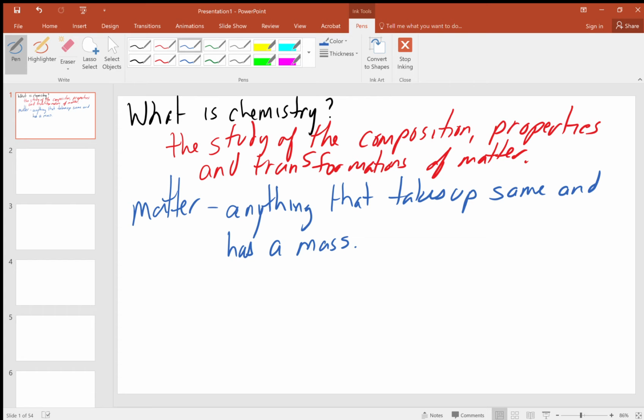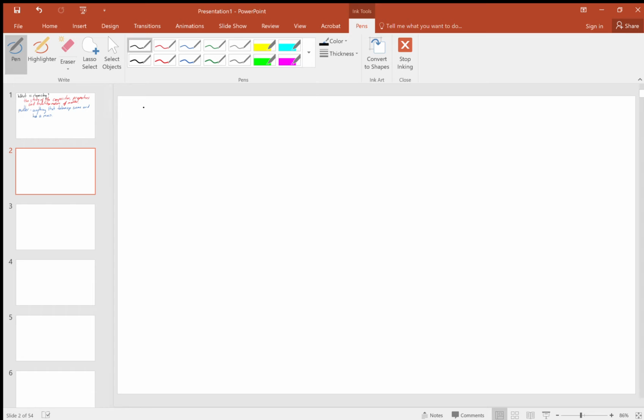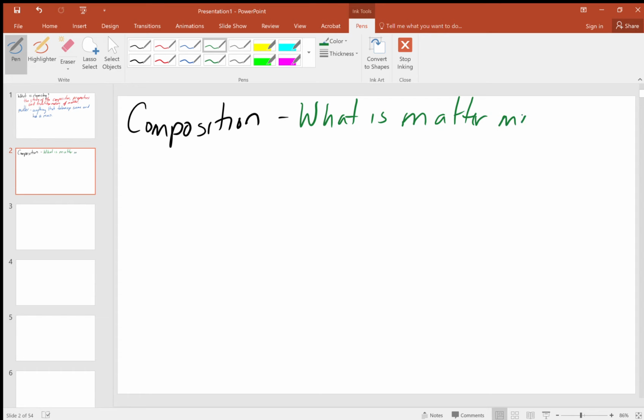So now let's look at a couple of these other things, and we'll go sort of one by one. When we're talking about composition, what do we mean there? Well, we're talking about what is matter made of. Or what is any sample made of?